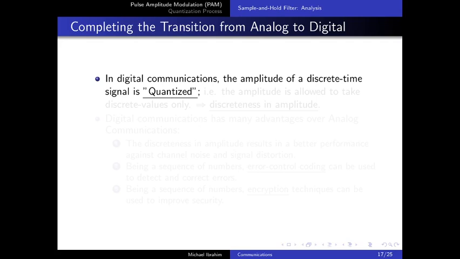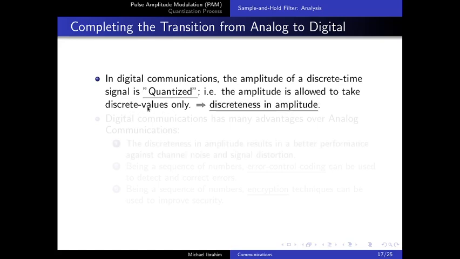In analog pulse modulation, we have discreteness in time imposed by the sampling process, but the amplitude of the message is still continuous in the amplitude. It can take any value. But in digital communication and in digital pulse modulation, the amplitude of the discrete time signal is quantized. What is quantization? It's basically forcing the amplitude to take only discrete values. In other words, we are forcing discreteness in amplitude as well as the discreteness we already have in the time.